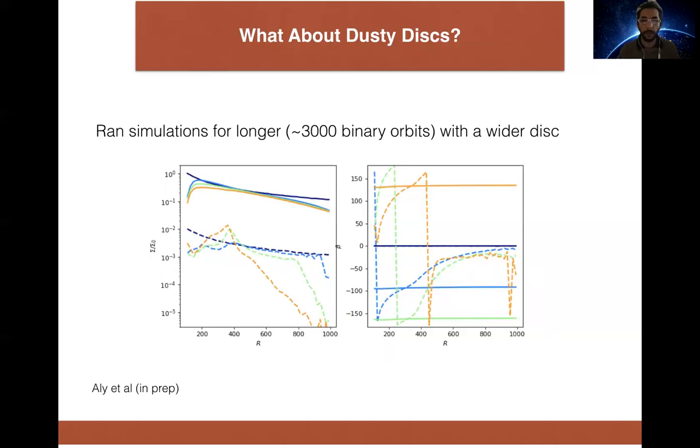We've tried a much wider disk to see how that behaves, and indeed you can see that there's a ring that forms just outside of the radius where both the dust and the gas precess at the same frequency.